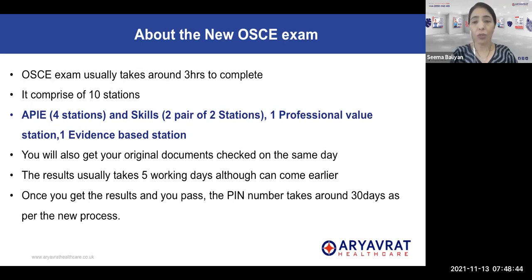It can take a maximum of around 30 days if there is no other query. Sometimes there might be some query or some additional information which the NMC requires. So please be aware that you will receive an email if they require any additional information. So kindly do keep on checking your emails.